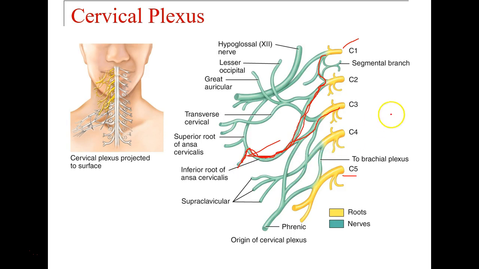So we have three spinal nerves connecting into and creating one particular nerve. So this creates multiple fibers from multiple levels. Okay. The biggest one to make note of is the phrenic nerve. This is going to supply the diaphragm for breathing.